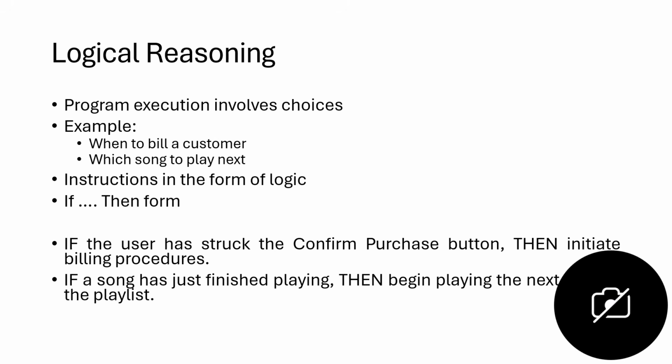Always we need to make some decisions or conclusions. For example, I am trying to buy some products online and putting everything in the cart. There should be a point when the software should decide whether to bill the customer. So that type of reasoning the software should have.